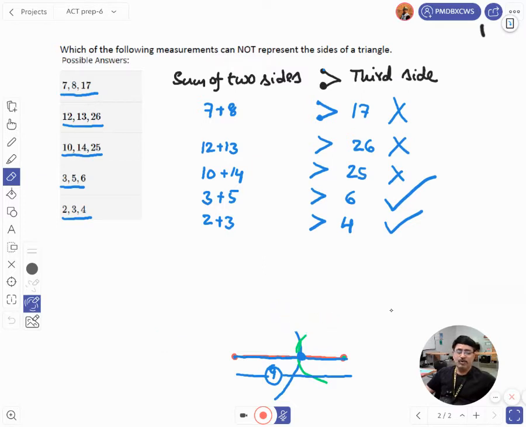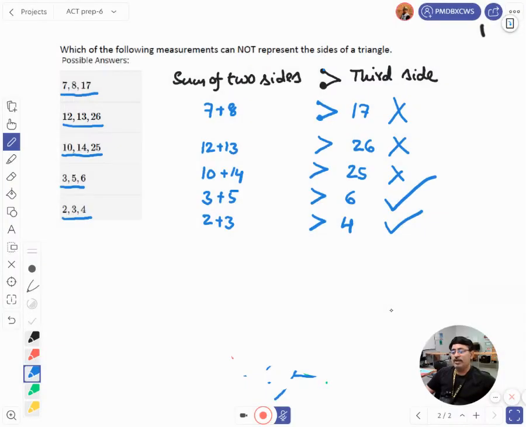I see that there are two options because 2 plus 3 is greater than 4, and 3 plus 5 is also greater than 6. Then you have to swap the values and check. This one I am taking. So let me take 3 and 6. Is it greater than 5?